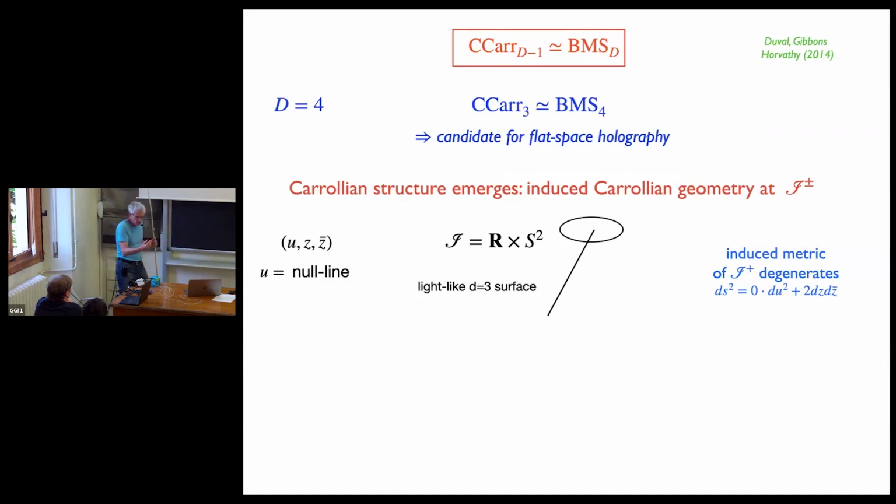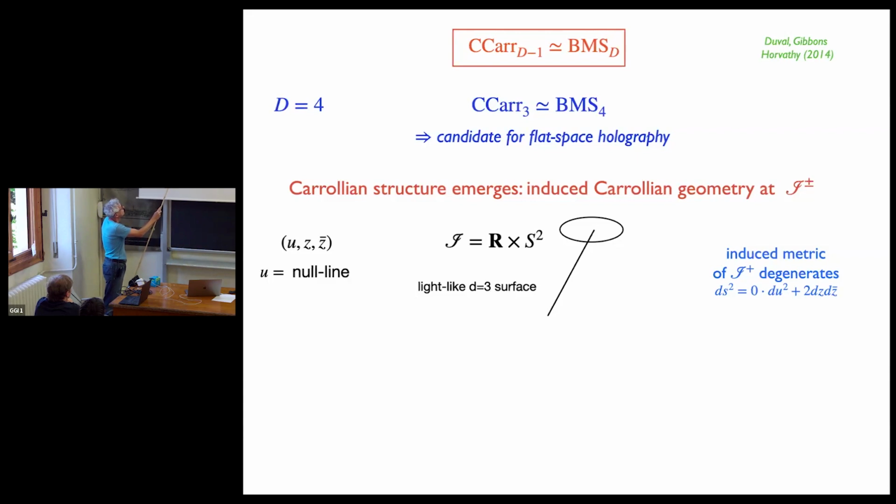This BMS group was generated by Virasoro and supertranslations. You might also go to 3 dimensions and consider the conformal Carrollian group.